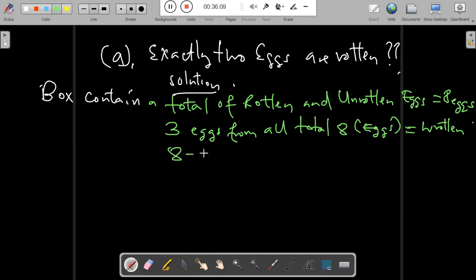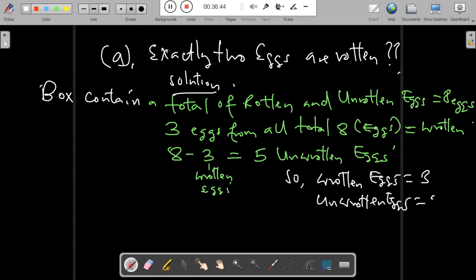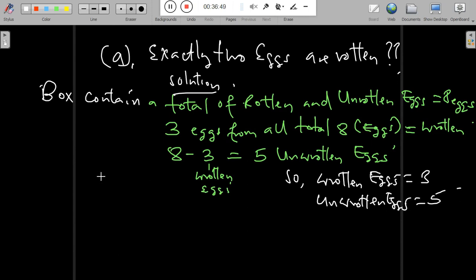So we take 8 minus 3 to obtain 5. So this would be the unrotten eggs, as you can observe. So the rotten eggs will be equal to 3, and the unrotten eggs equal to 5.